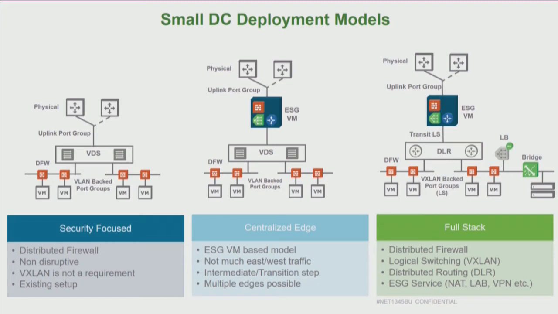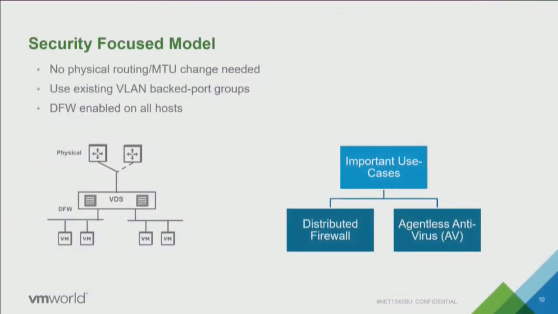You need to make sure that you have at least 1600 MTU set up on your physical infrastructure for your VTEP to VTEP, or VXLAN, communication. Only one VLAN, not everything, but at least one VLAN. That is important, right? That will enable the full stack model for you. Okay, so that is a high-level picture of all the models together. Now let's dive into each one of these models.